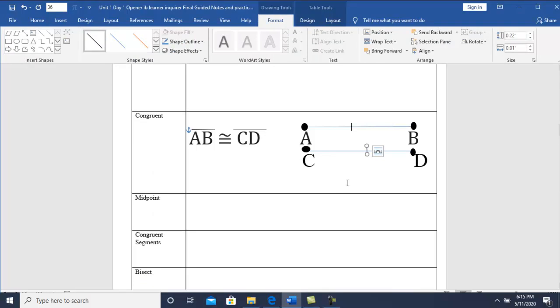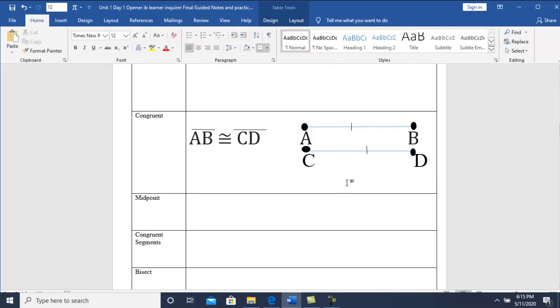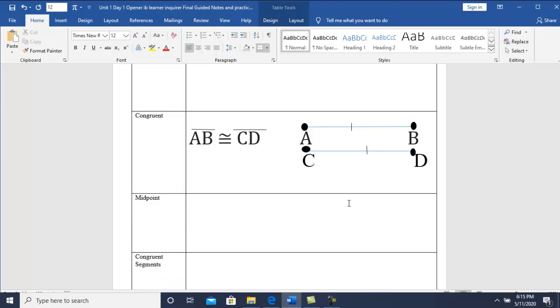Those tick marks are telling the reader that if there's one tick mark here and one tick mark here, it means that the two line segments are congruent to each other. They're the same shape and the same size. So that would be an example of congruent.